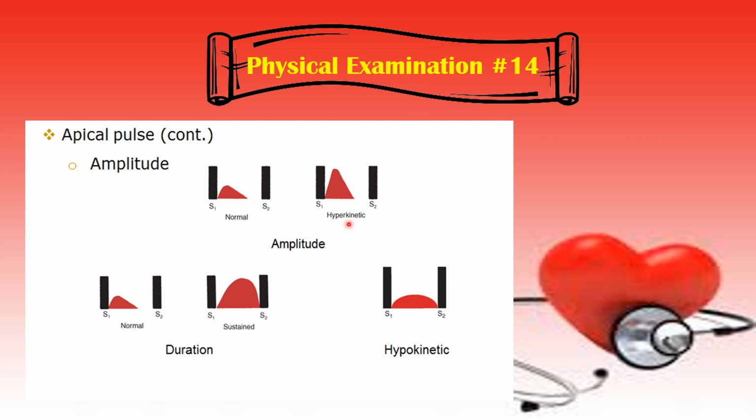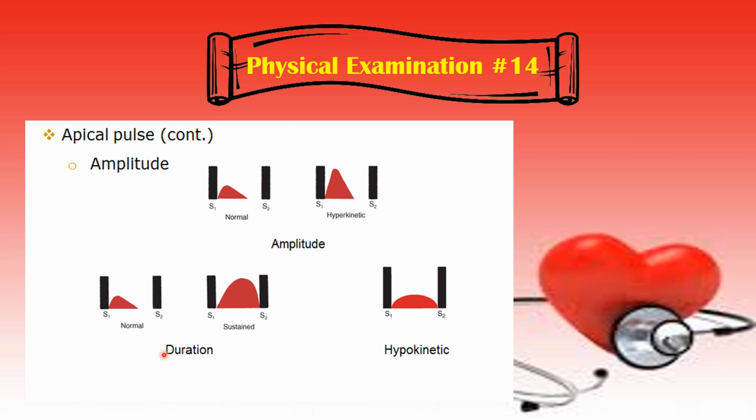However, its duration is normal. The increased amplitude may also reflect hyperthyroidism, severe anemia, or pressure overload of the left ventricle, as in aortic stenosis, or volume overload of the left ventricle, as in mitral regurgitation.